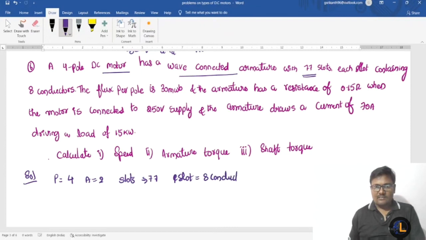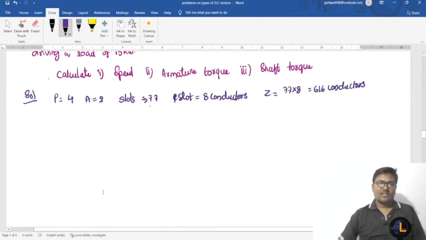So the total number of slots is 77, and the total number of conductors is 77 into 8, which is 616 conductors.